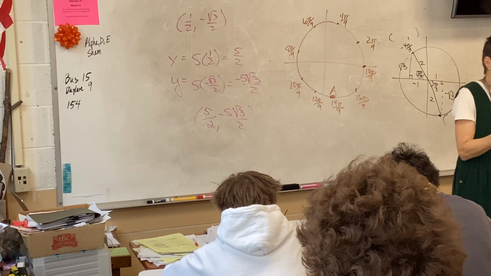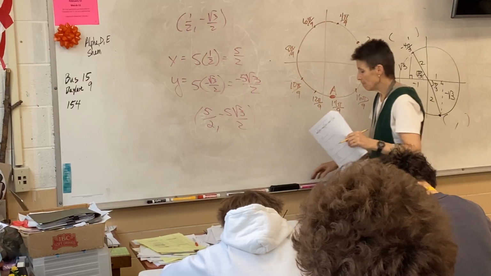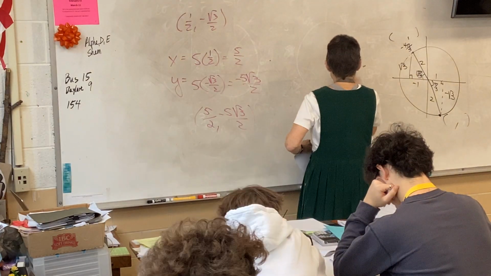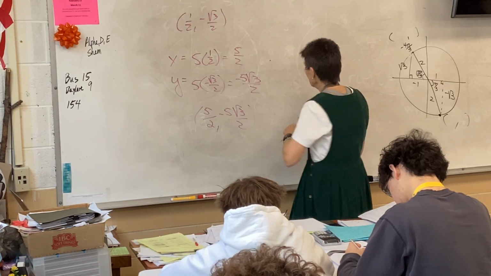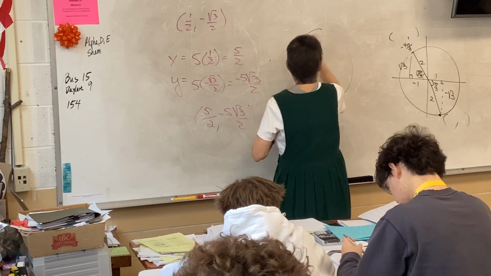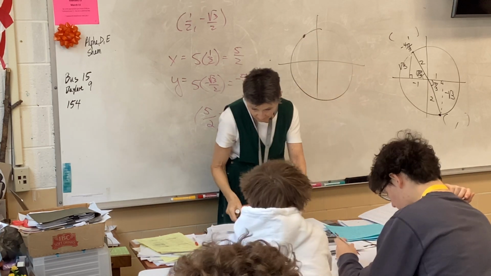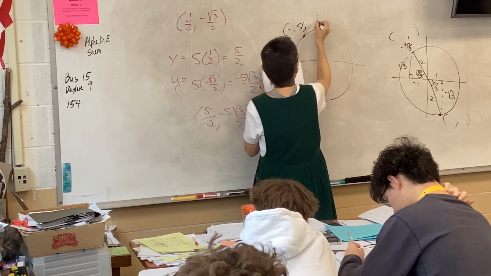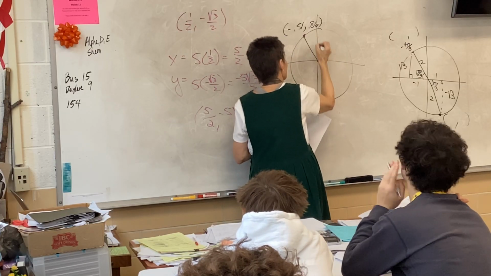Now, I want you to look at B. B references negative alpha. Well, if alpha is over here, and it's negative 0.51, 0.86, so this is alpha.